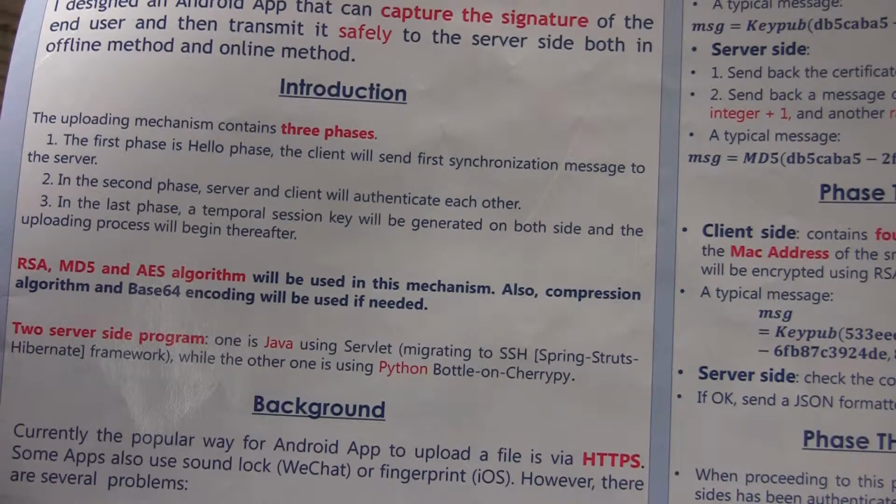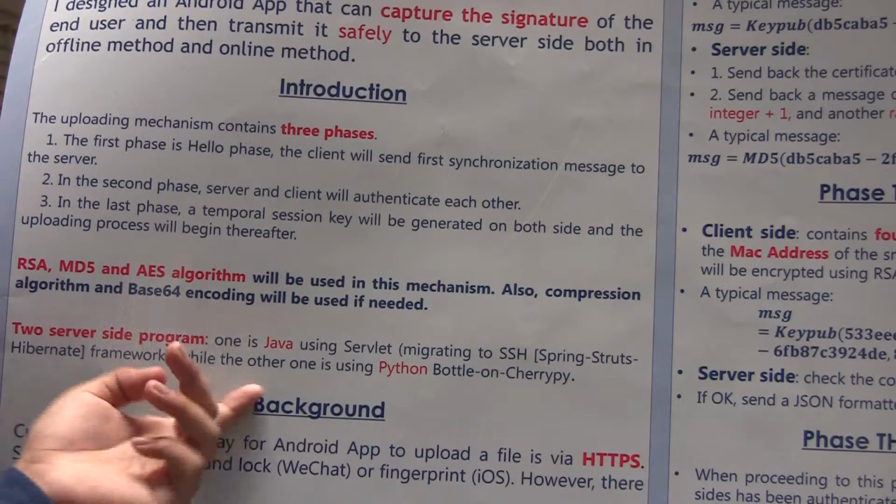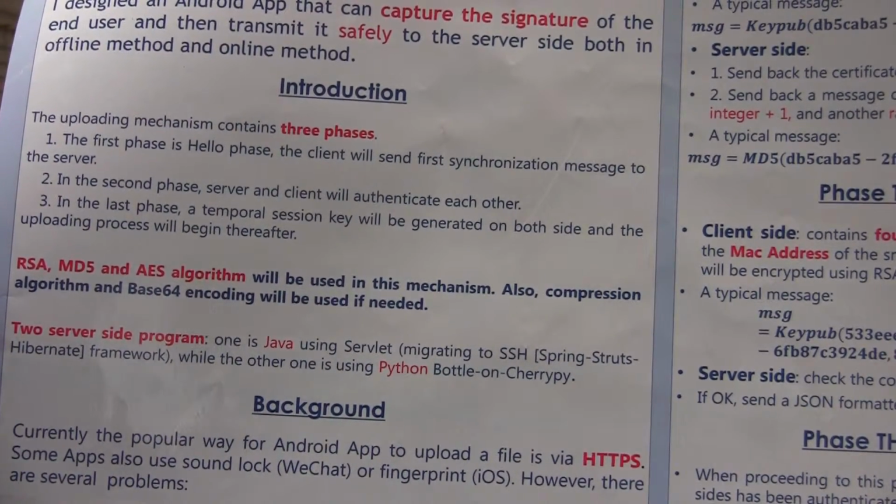So this semester I have written two server-side programs. The first one is Java using servlet, and this servlet will be migrated to the SSH framework later. And the other one is more lightweight. It is Python Bottle on CherryPy.